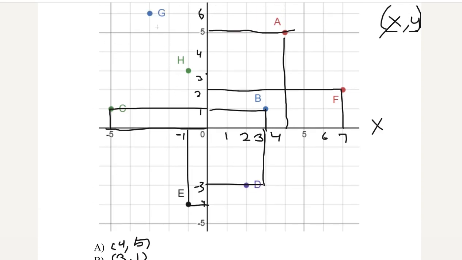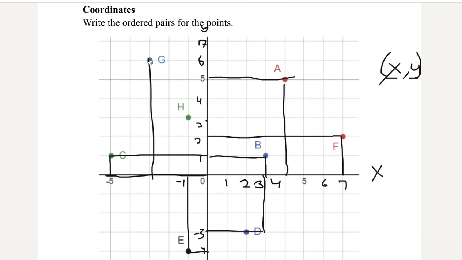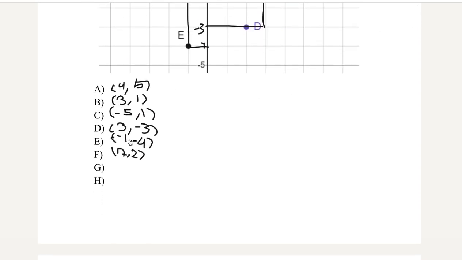And then G is at -1, -2, -3, yeah, -3, and then we bring it across to 6. So it'll be -3, 6.